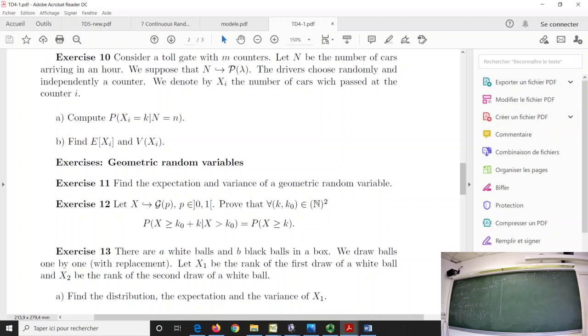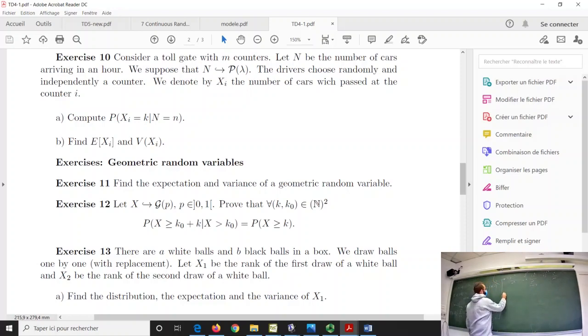So I can do simplifications, because this term is equal to n factorial over (n minus k) factorial, k factorial. I can simplify this one with this one, and here I have something that doesn't depend on n, the 1 over k factorial.